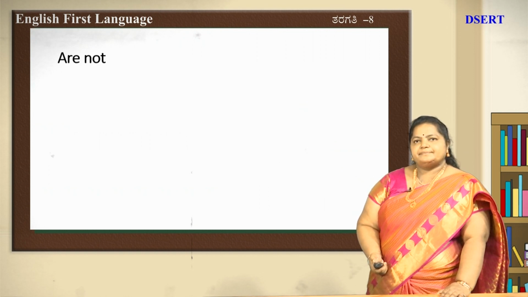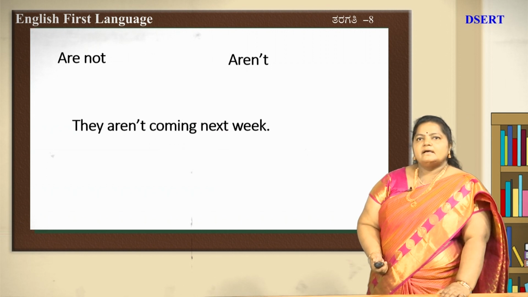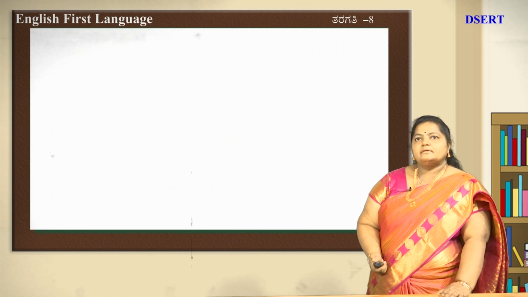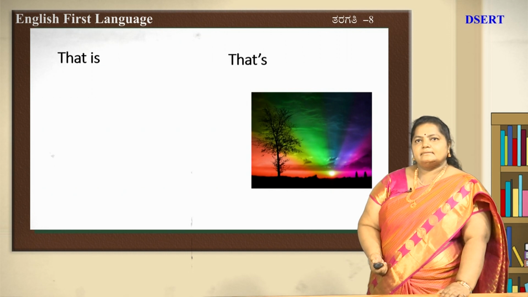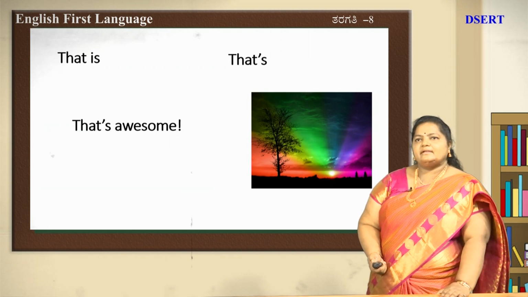Are not. Are not can be contracted as aren't. A sentence: they aren't coming next week. That is. That is after contracting becomes that's. That's awesome. You can see a scenery, that's an awesome scenery.